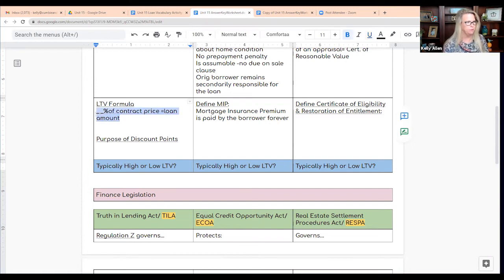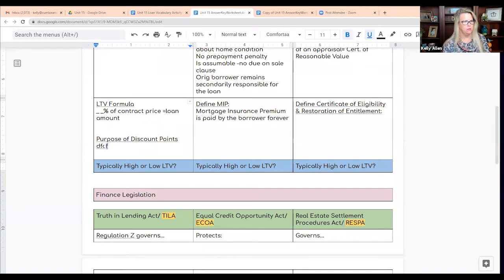Of means multiply. So you take the contract price, multiply it by the LTV, and that will get you the loan amount.